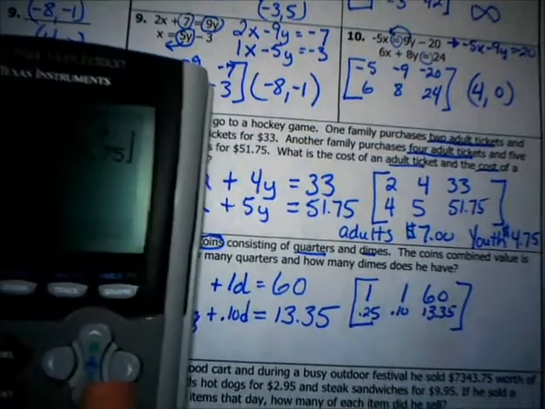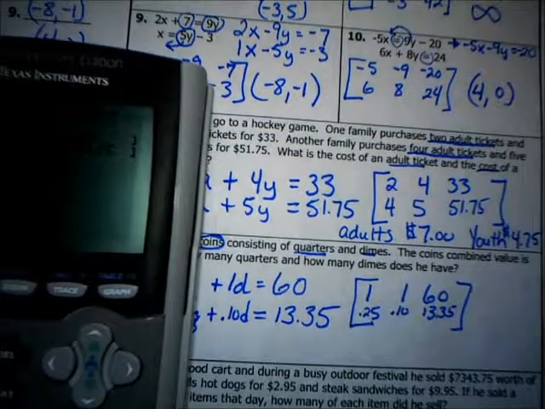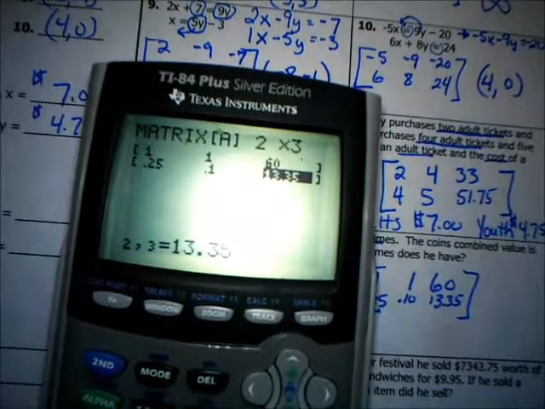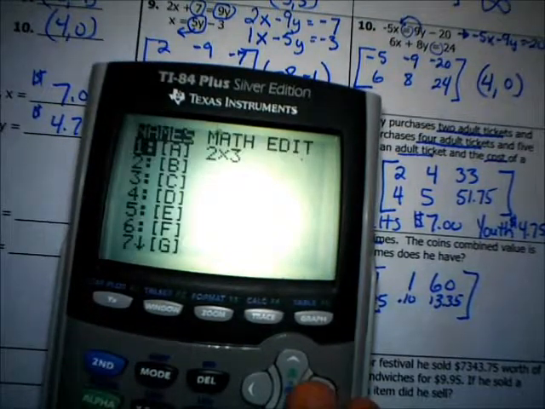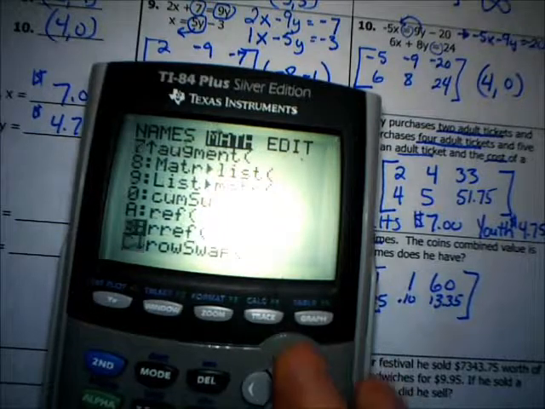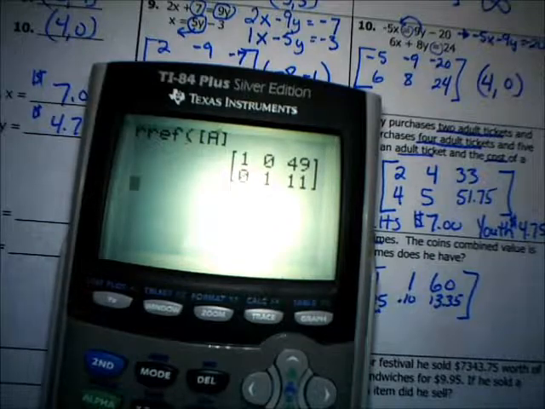I'll put this in my calculator. So I have it there. I'm going to hit calculate. I'm going to hit matrices, go to the math option, and now do the reference of this.